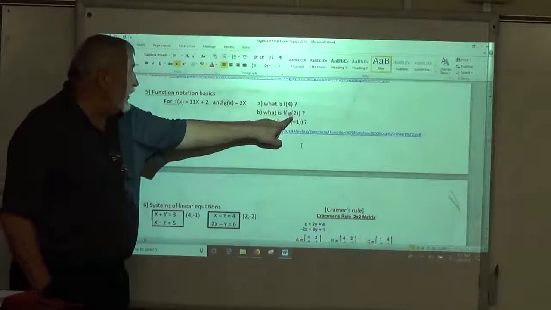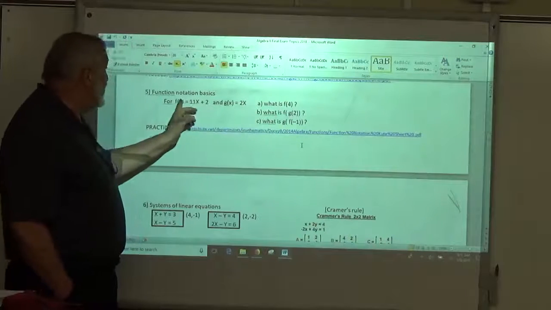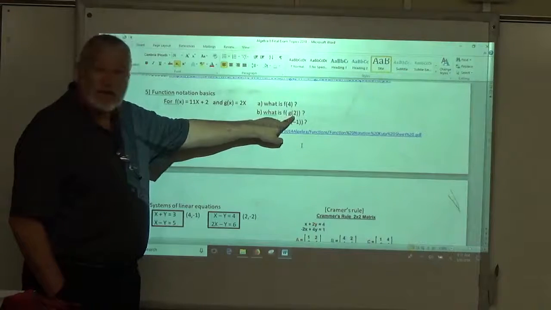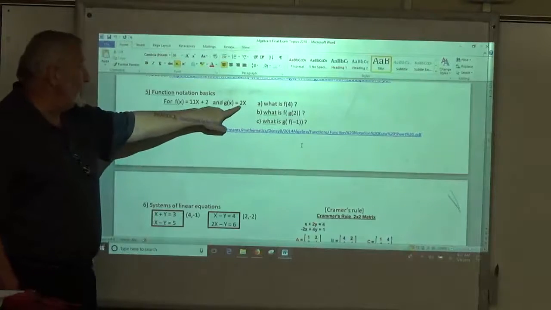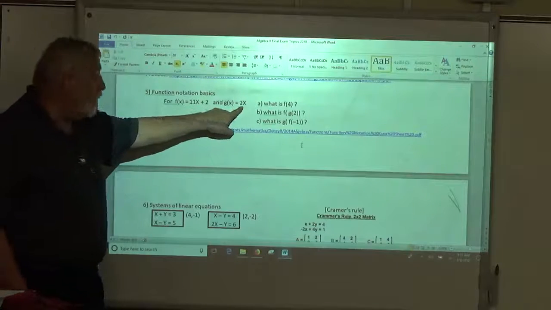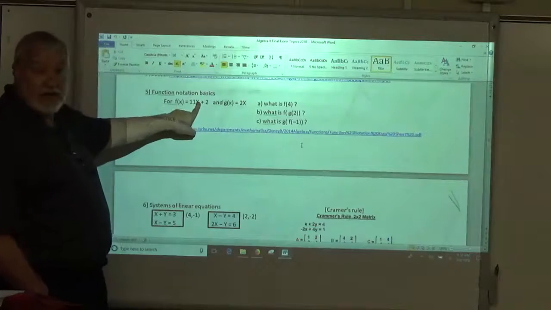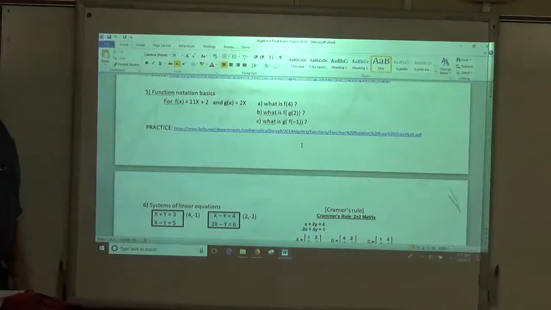Now what is this one? This says replace the x in f with g of 2. So what is g of 2? 4. And I put the 4 in here. 46. Right? 44 plus 2, 46. Okay. Right? Not mystery, you just have to know that's what it is.